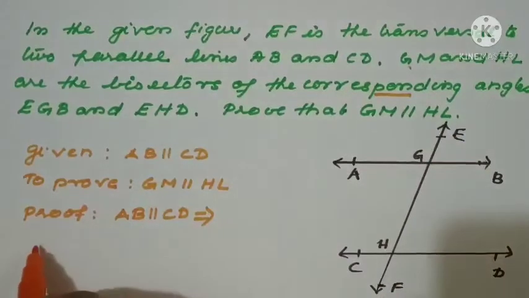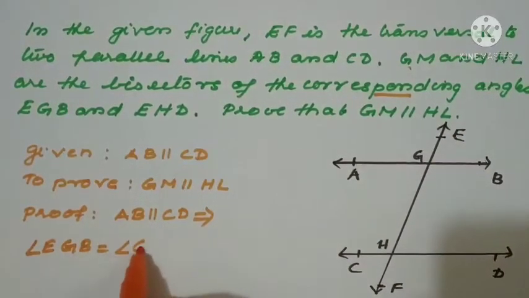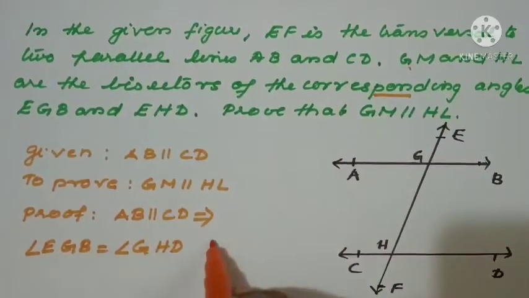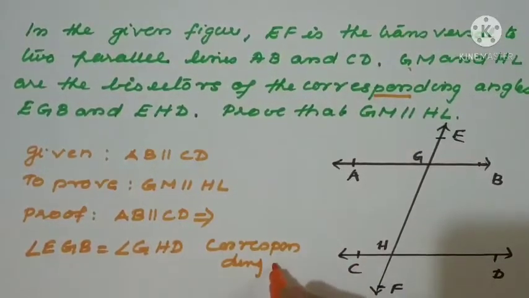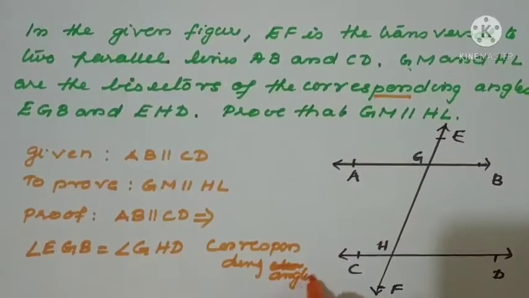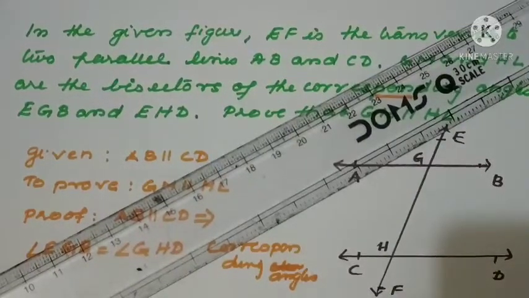So we are writing here angle EGB equal to angle GHD, corresponding angles. There is no doubt now because the diagram is very clear to you. Corresponding angles are equal. Now the diagram itself shows the bisectors GM and HL.